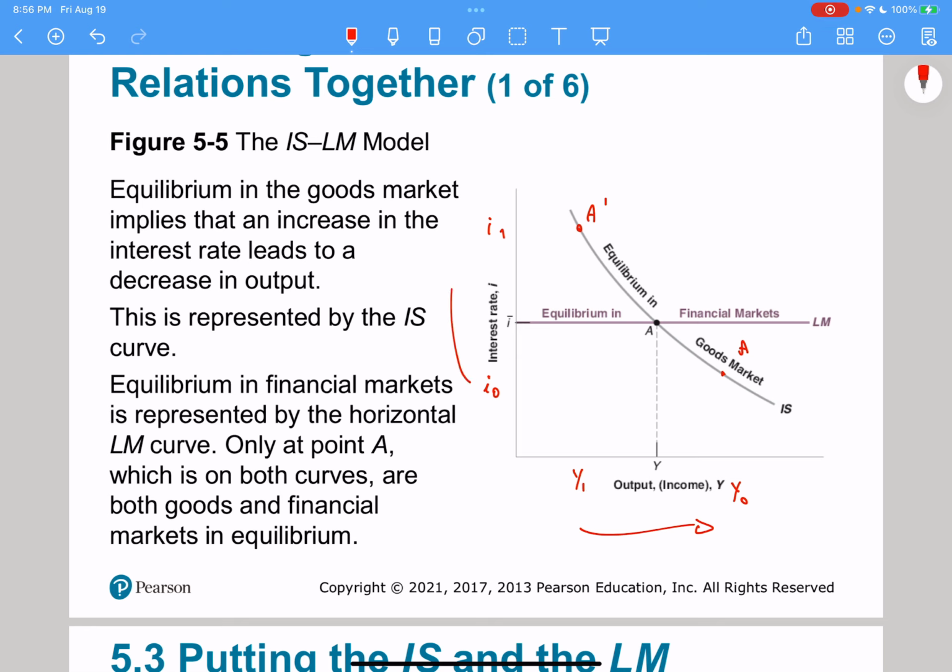This is represented by this IS curve, and I would add by the downward sloping curve, right? Equilibrium in financial markets is represented by the horizontal LM curve. Only at point A, which is on both curves, we have the equilibrium in both markets.